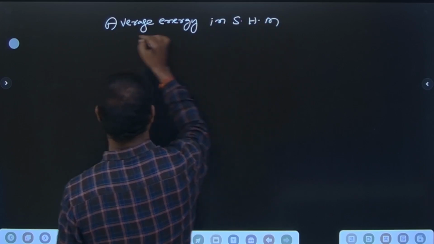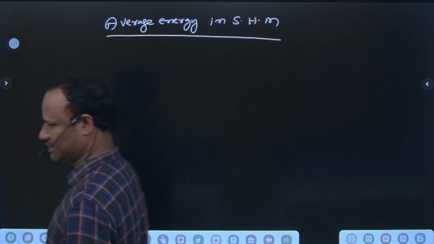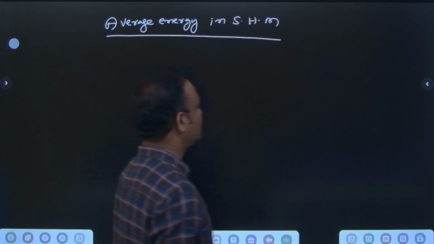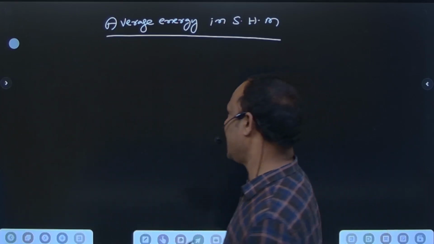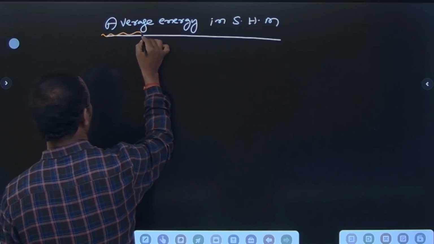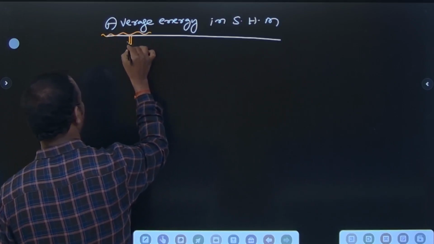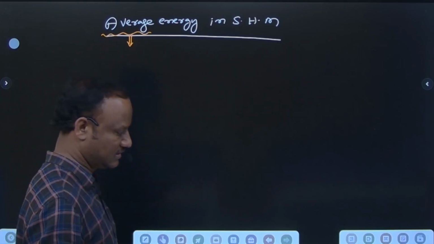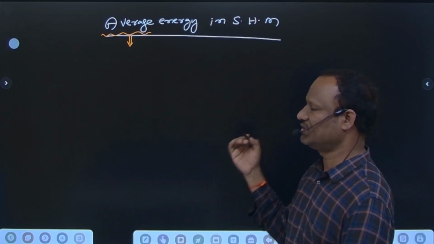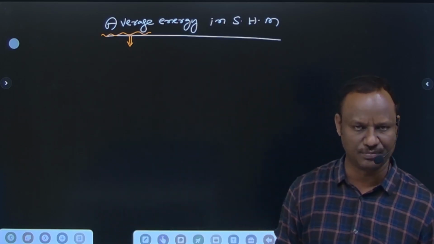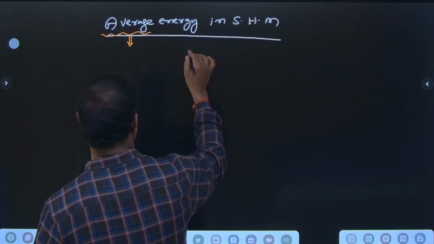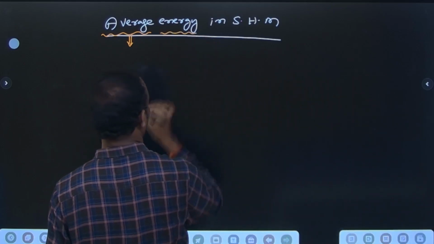First, the average value, just for your understanding. We will discuss average value in alternating currents, and in mechanics we have also completed this one. So the average value of this energy, the average energy.